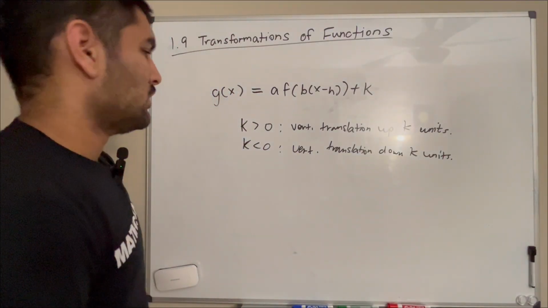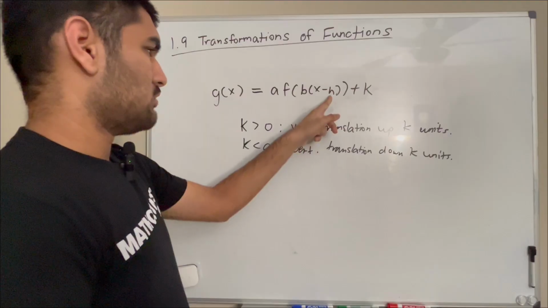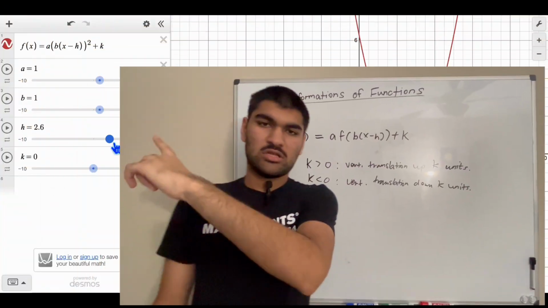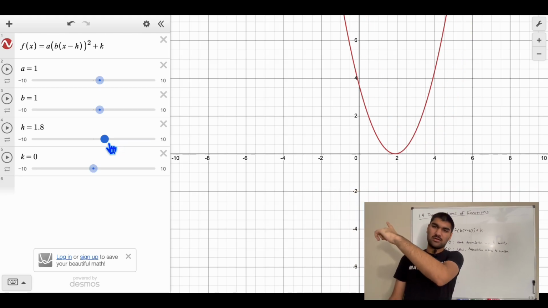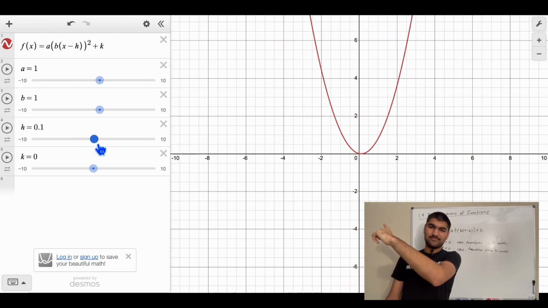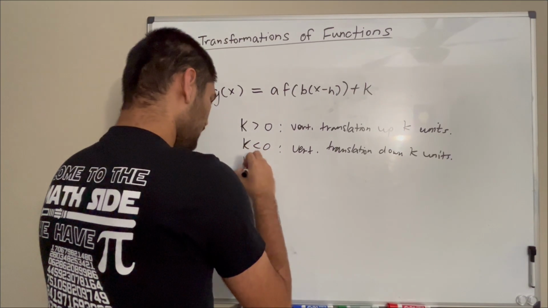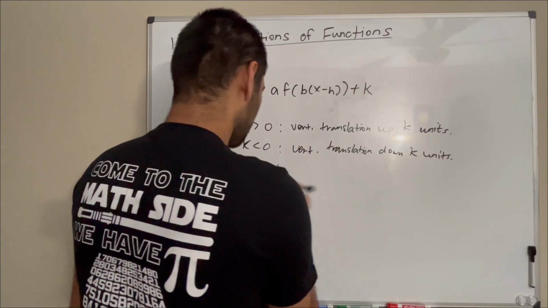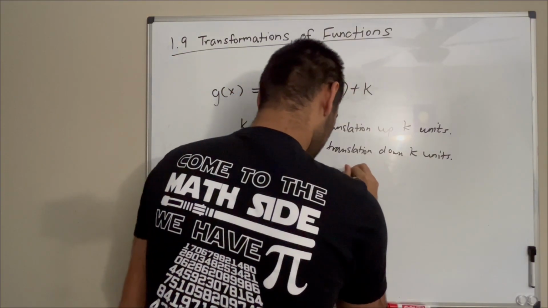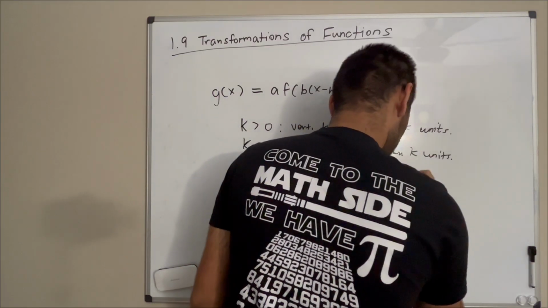Right? All right. And then next, we have horizontal translations, which is what the h represents. So horizontal translations is basically moving the graph from side to side like this. Okay? Similarly, when h is greater than 0, you have a horizontal translation to the right h units.